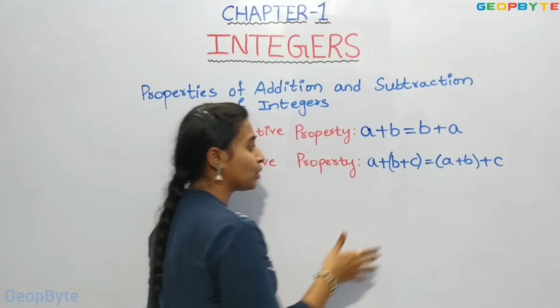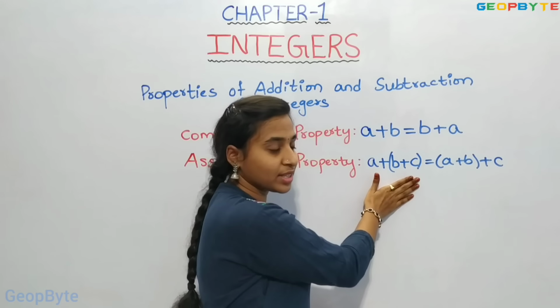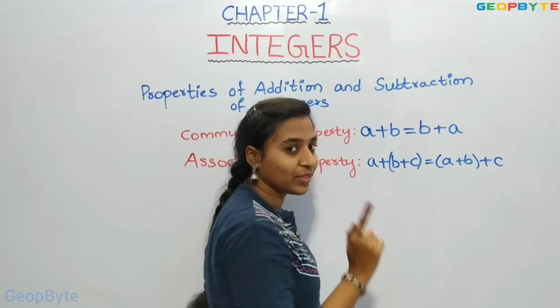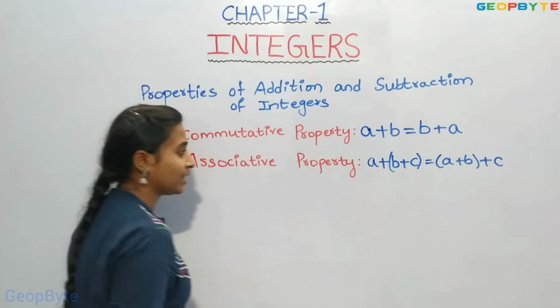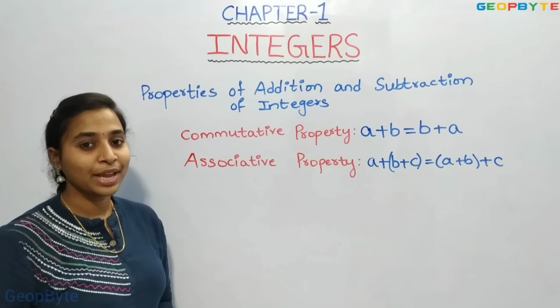Here also, the numbers on the left hand side should be equal to the numbers on the right hand side. Now let us see with some examples.